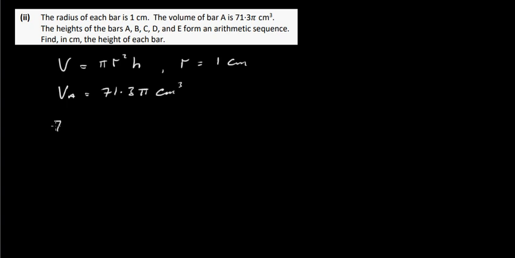So let's stick that into our formula here. We have 71.3 pi is equal to pi times the radius of bar A, which is 1, so 1 squared, times the height. So we can find the height now of the first bar, bar A. 1 squared is just 1, so we've got pi times h.